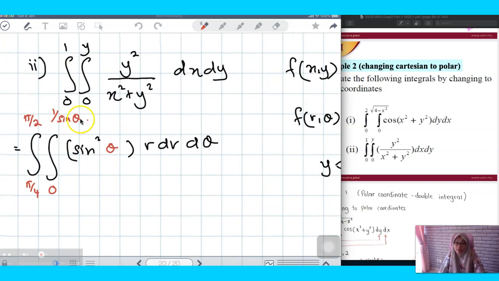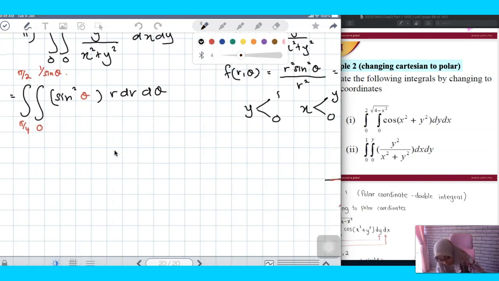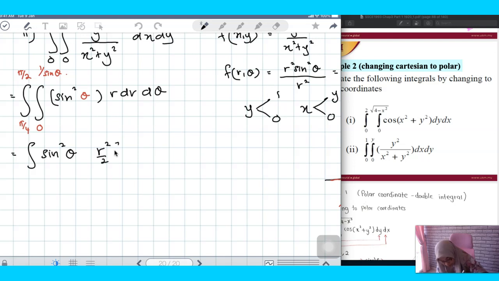Okay, so now you have to integrate first with respect to r. Your r is just here, so sine squared theta is just a constant. We don't disturb the sine squared theta because it's constant. So you have r squared over 2, and replace the r from 0 to 1 over sine theta, d theta.